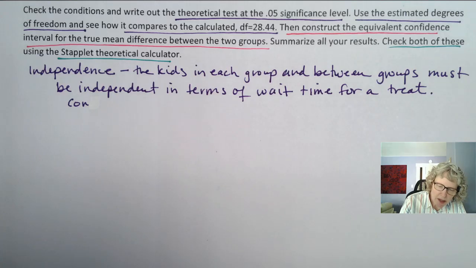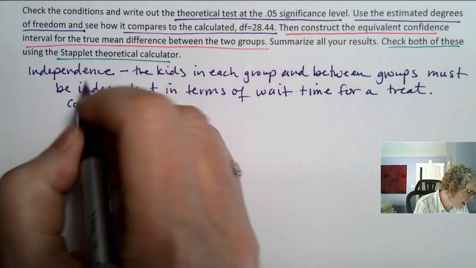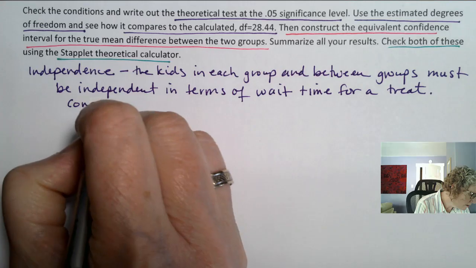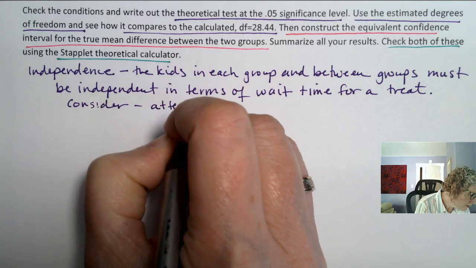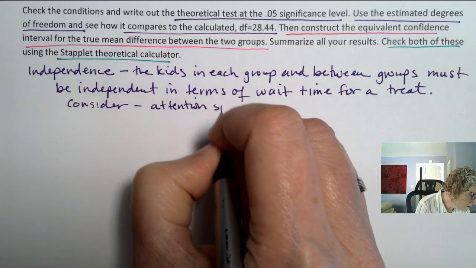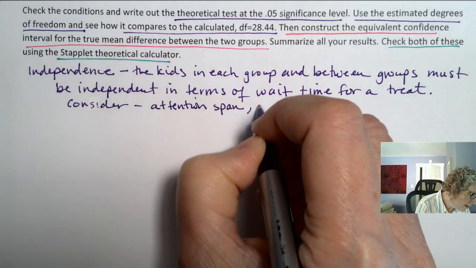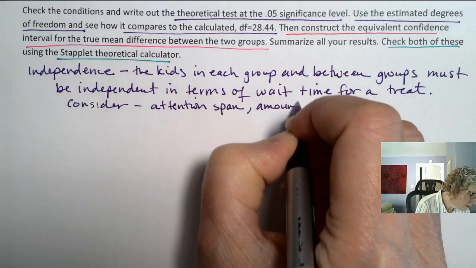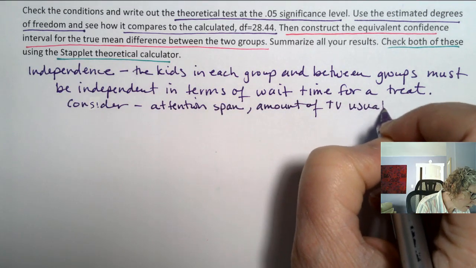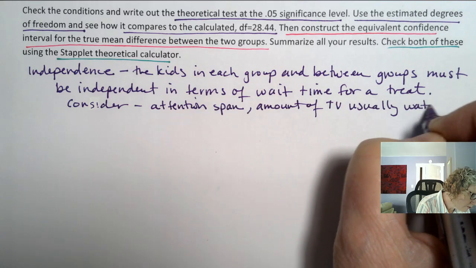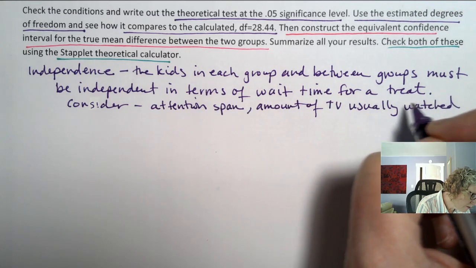Their attention span and just the amount of TV they usually watch. Okay, so they did consider that. So consider attention span and amount of TV usually watched. And there could be other factors, right?